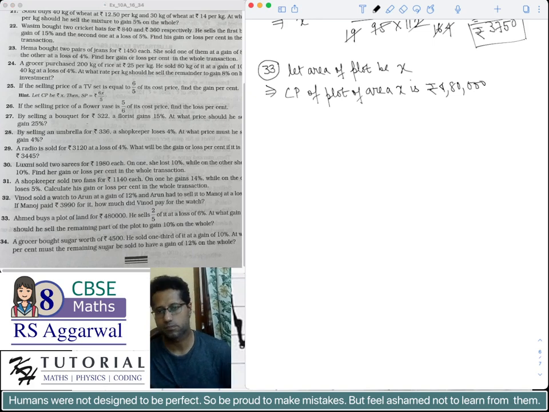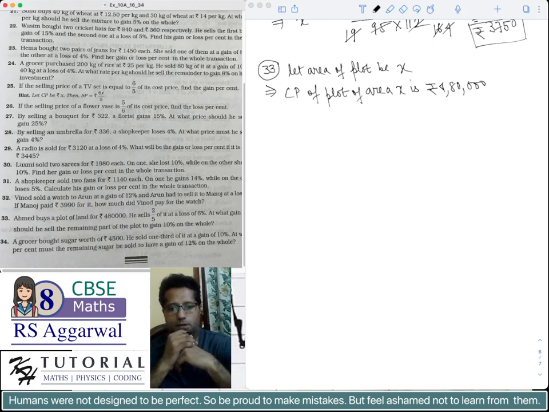Ahmed buys a plot of land for rupees this. He sells two fifth of it at a loss of 6%. At what gain percent should he sell the remaining part of the plot to gain 10% of the whole?